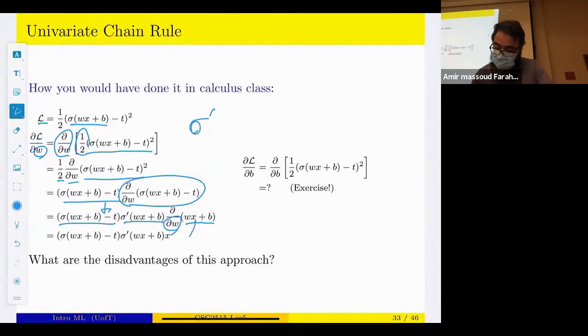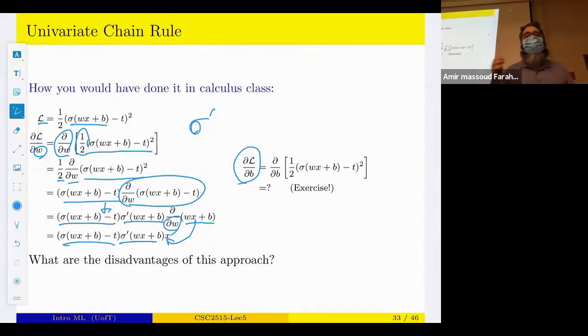The gradient of this term would be simply X, and then the previous terms are there. If we do the same computation with respect to the bias, as an exercise, you get a similar result, it's a bit different.